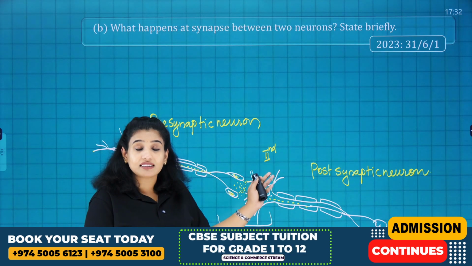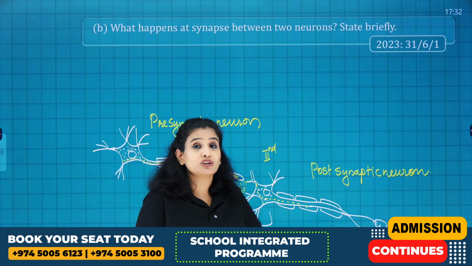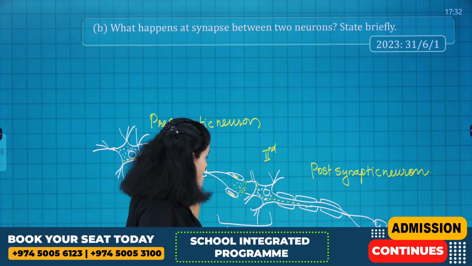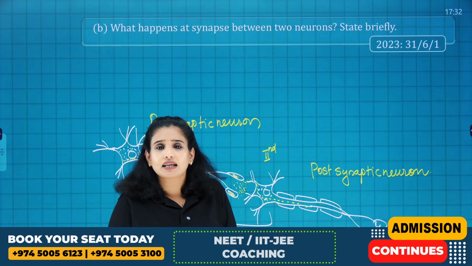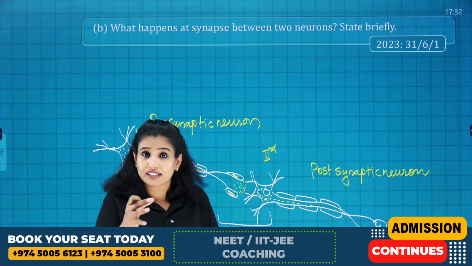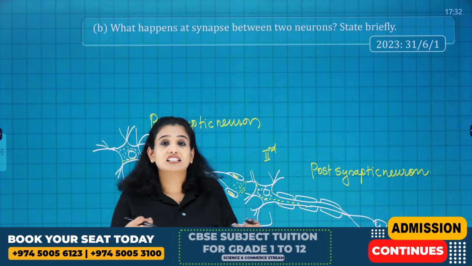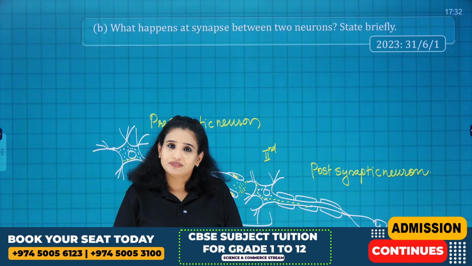This process will continue till it reaches a neuromuscular junction and activates a nerve muscle fiber, which we call effectors, or sometimes it is reaching the brain.